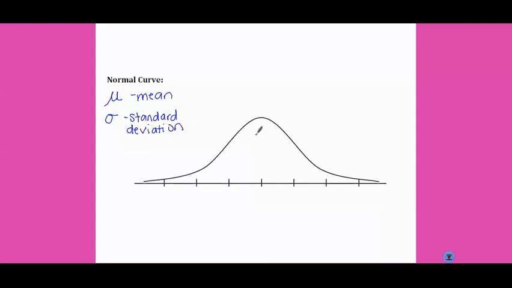So on our normal curve, the mean is always in the middle, and then each line is worth one standard deviation. So this is the mean plus one standard deviation, plus two standard deviations, plus three standard deviations, or minus one standard deviation, minus two standard deviations, or minus three standard deviations.